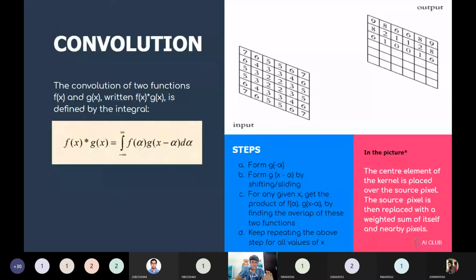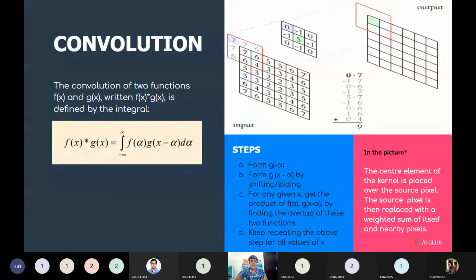Now, guys, a simple question for you all. What is a mask? I'll give you 2 minutes. You can type it in the chat box and then we'll continue with the session. I'll wait for the answer, guys.